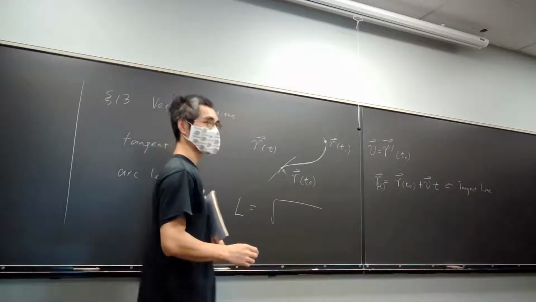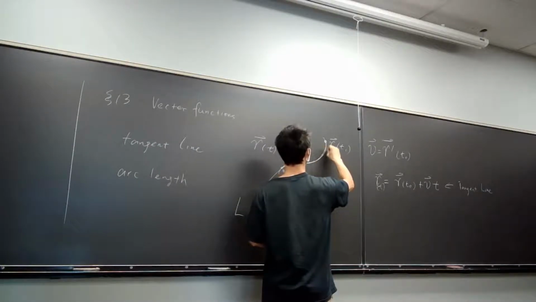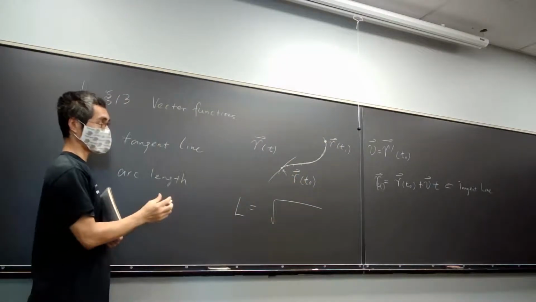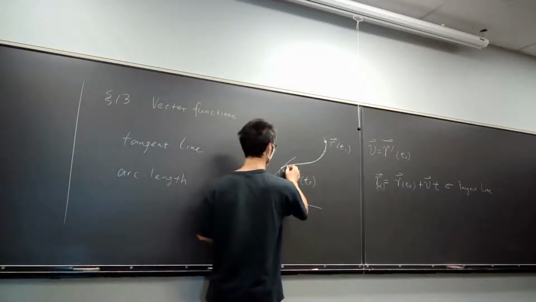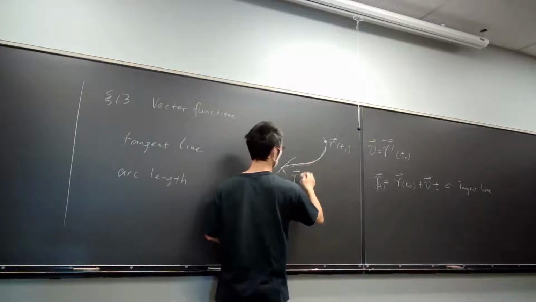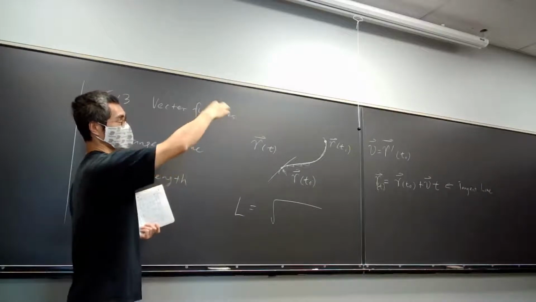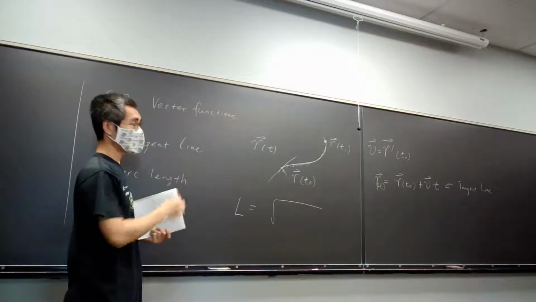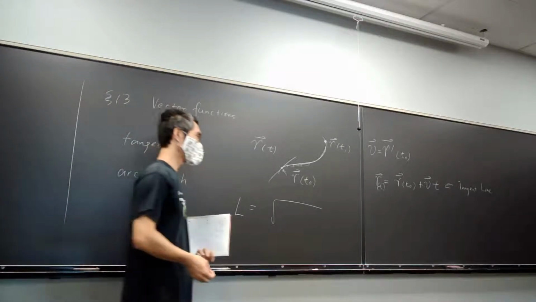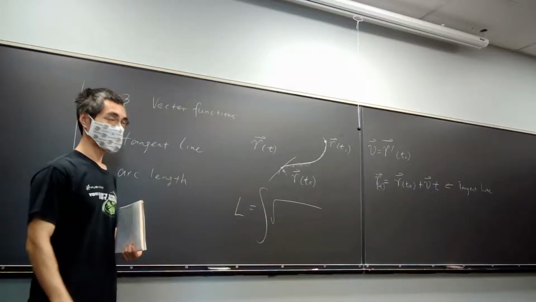It's basically the Pythagorean theorem for all these segments. For each segment, you just decompose it into x, y. But of course, we are talking about 3D, so you have x, y, z direction. You have to use the 3D Pythagorean theorem to find out the length of each segment, and add them together, and take a limit. By taking a limit, it means you're not doing summation, you're doing an integral.